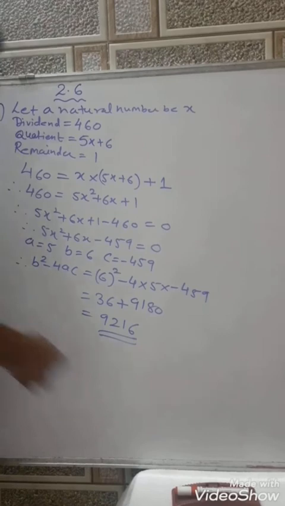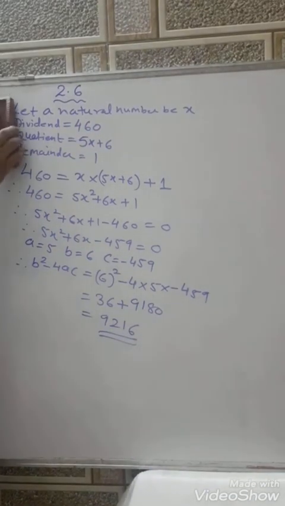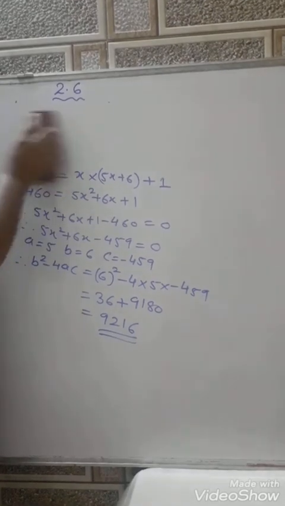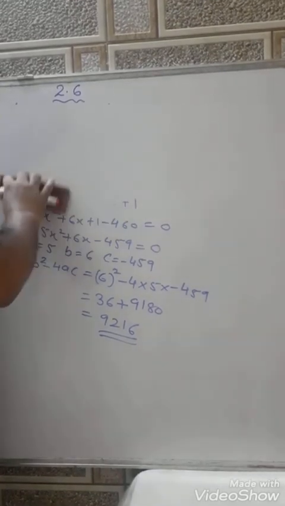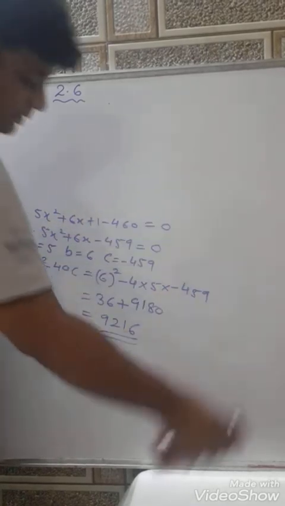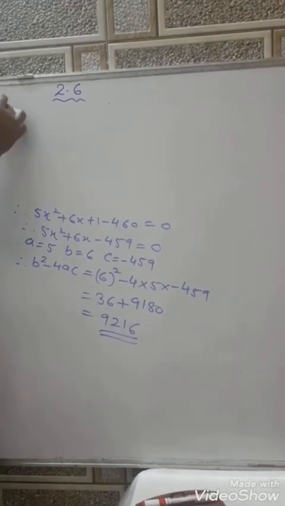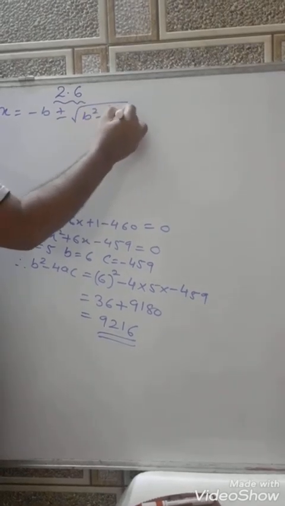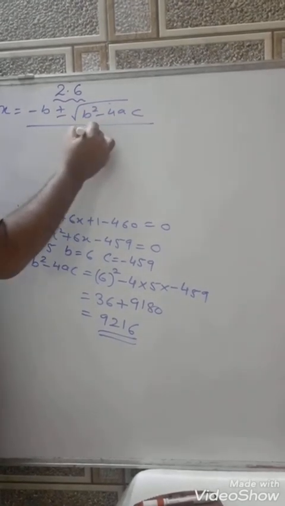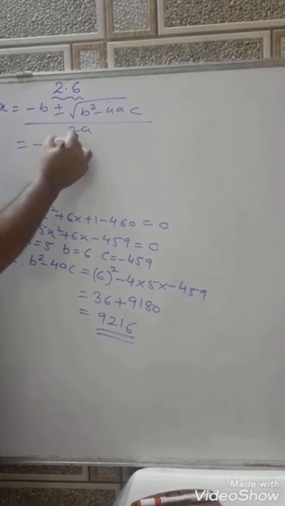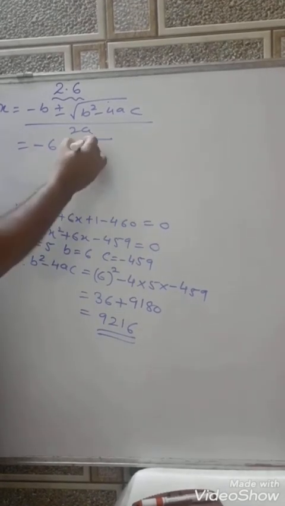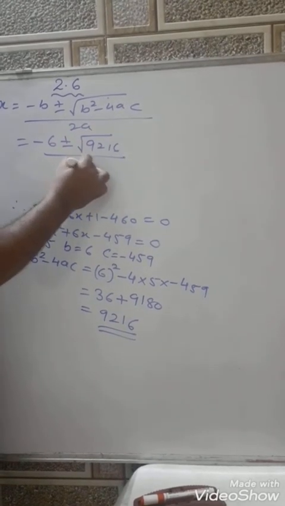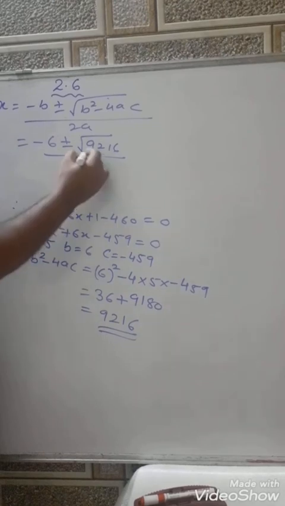Our formula is minus B plus minus under root B square minus 4AC upon 2A. So minus 6 plus minus the square root of 9216 upon 2 into A, which is 5.